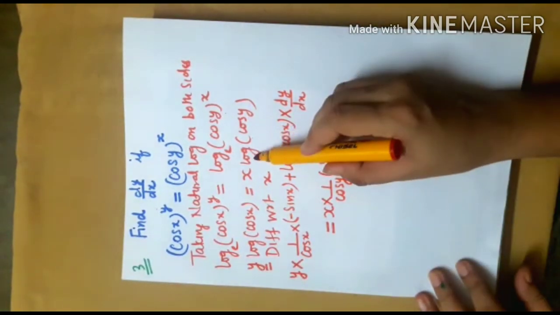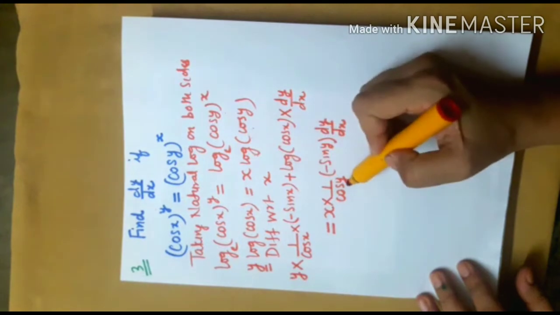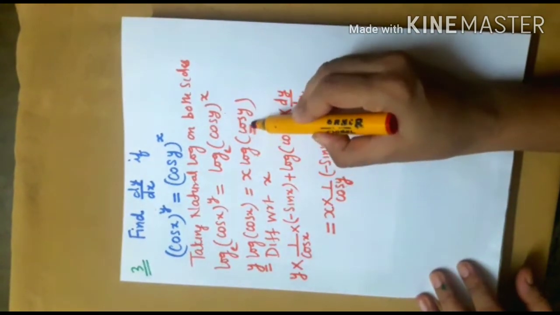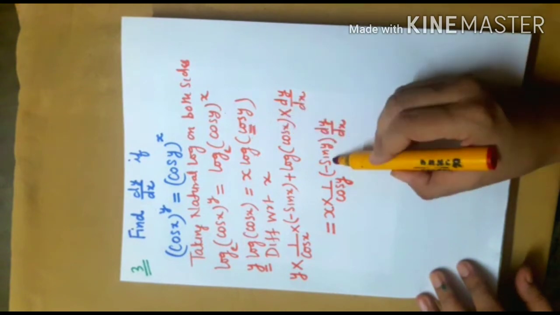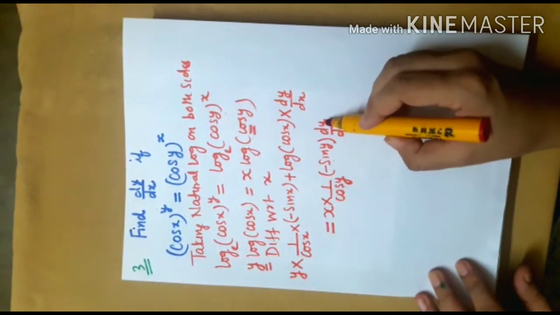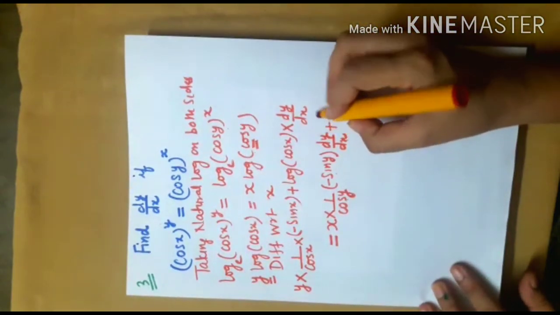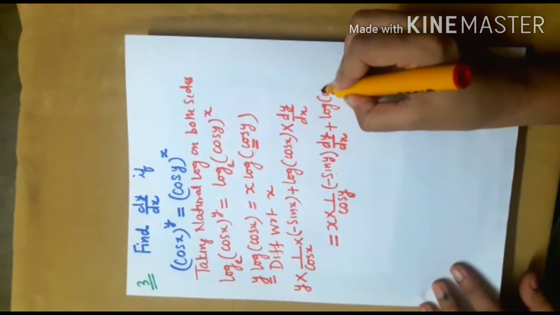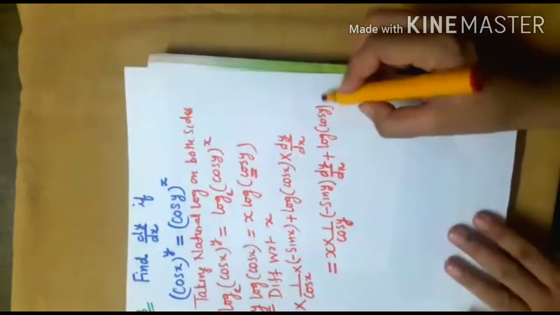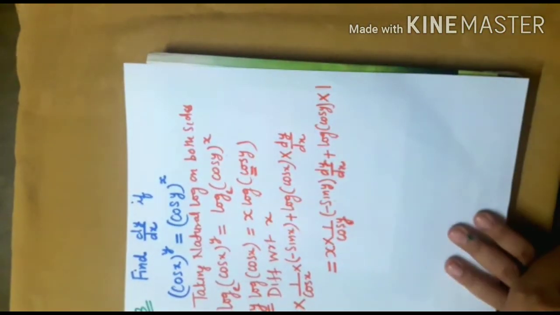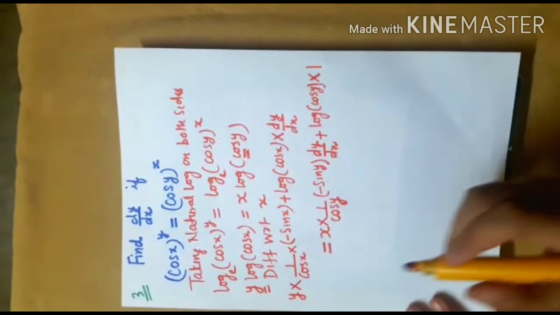Derivative of the outer function with respect to y is 1 by cos y into derivative of the inside function, which is minus sin y, then derivative of y with respect to x, plus second function, that is log cos y into derivative of first, 1. Right?